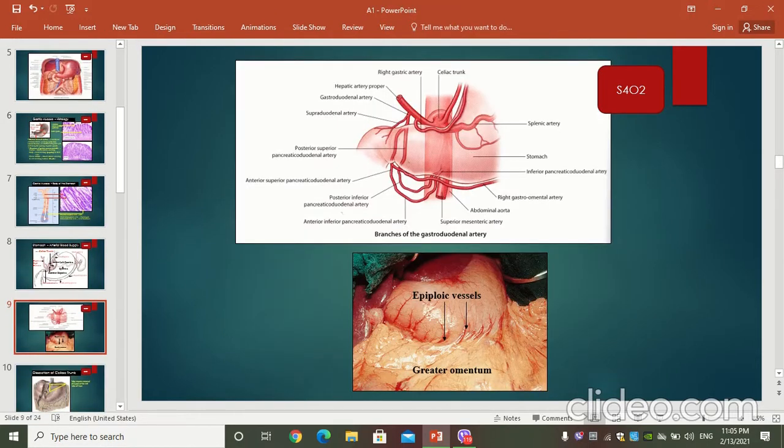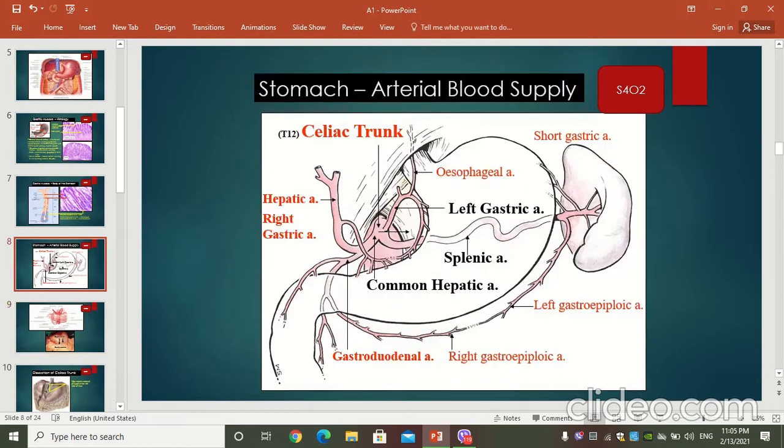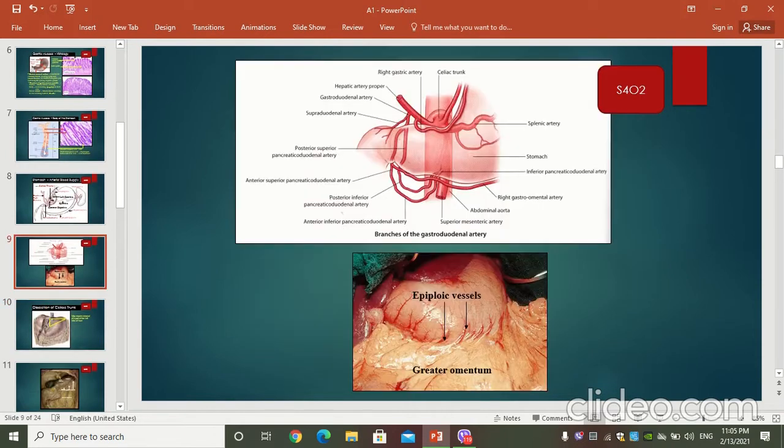Again, this is the celiac trunk, showing the branches: splenic, left gastric, and hepatic artery, and their branches.